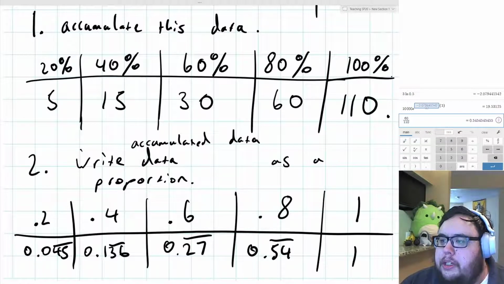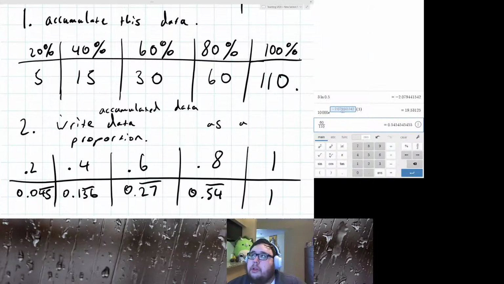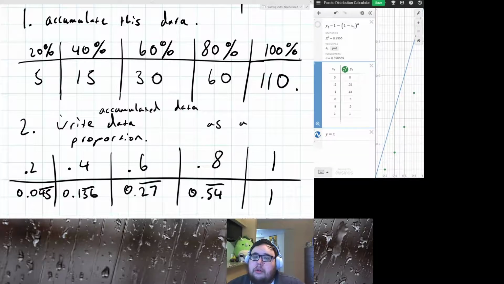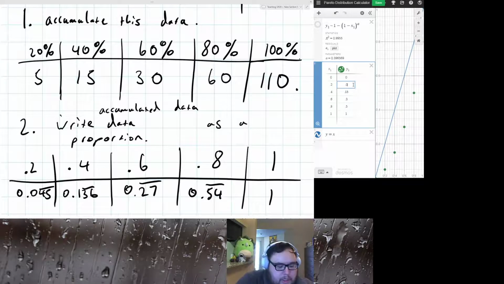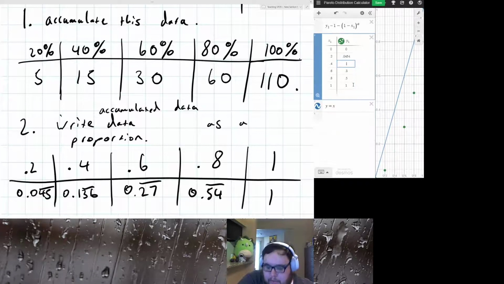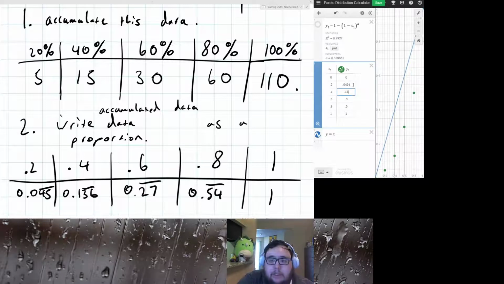And what we could potentially do with this data is plot it. So here we have 0.045. Here we have 0.1363 or 0.1364. Here we have 0.2727.